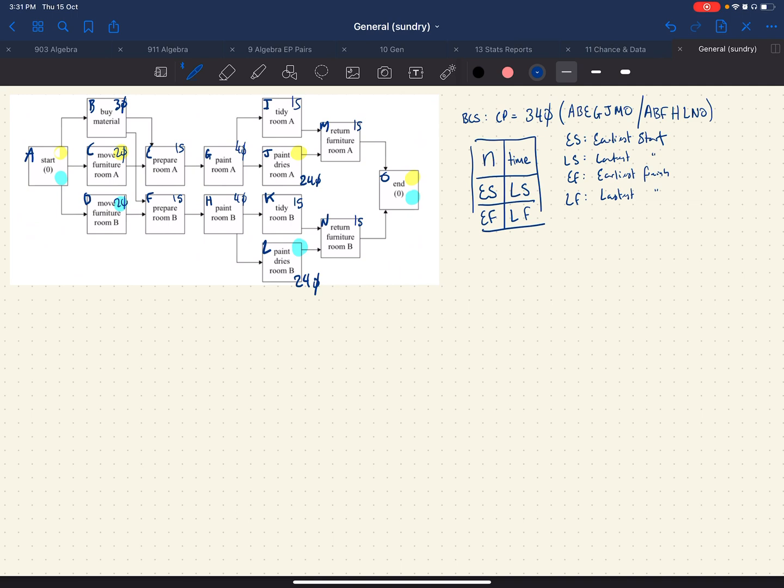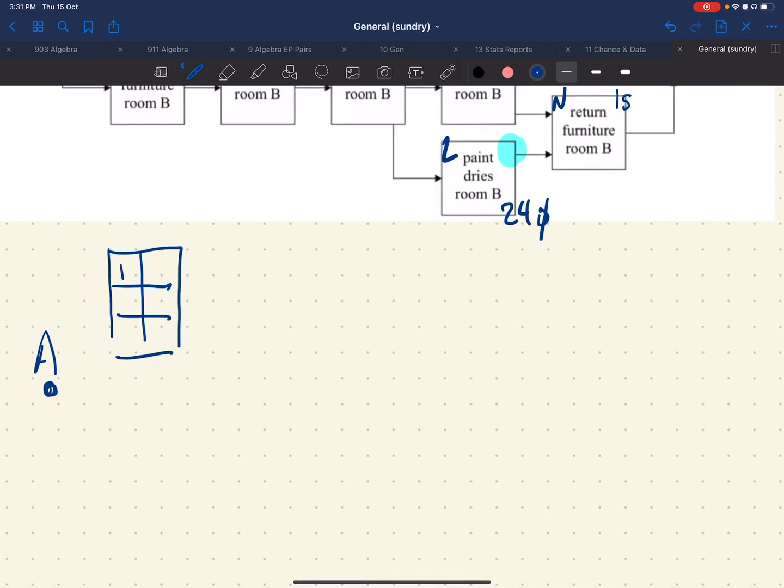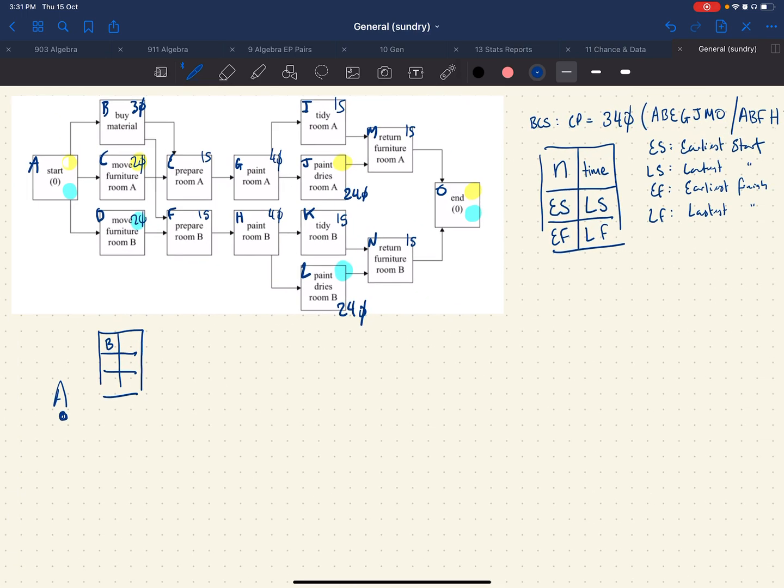So what I'm going to do is start off with A here, that's just my beginning. And I move up into this here. So this is going to be B. B takes 30 minutes. And because B doesn't depend on anything, there's no arrows apart from starting, the earliest it can start is 0.